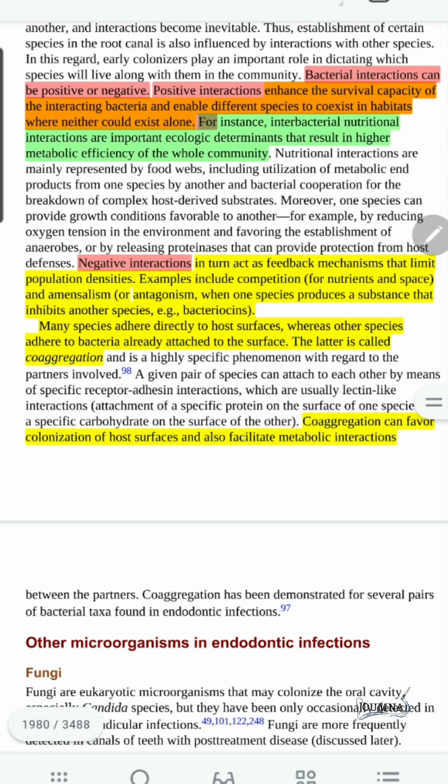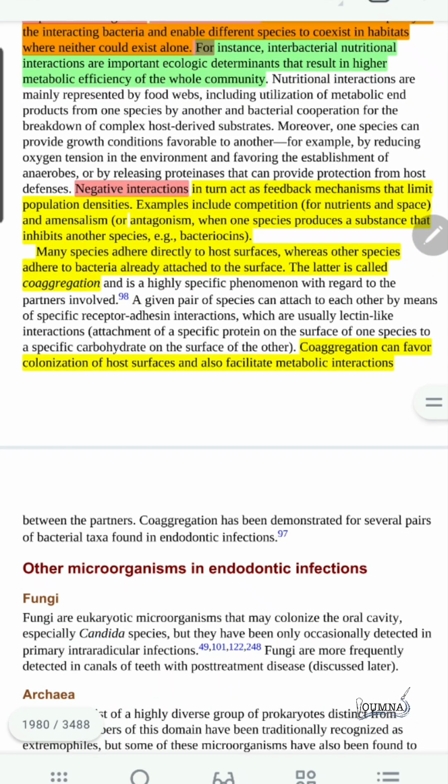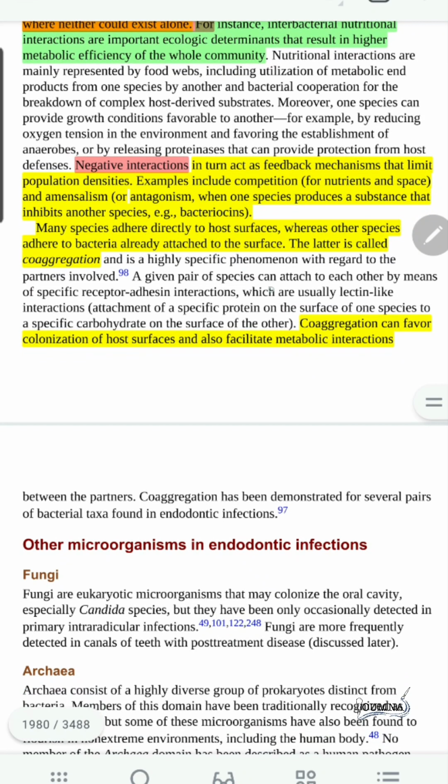But when nutrition and space are compromised, the bacteria become negative, which means that they become competitive, and they produce a substance that inhibits another species, which means that they fight over space and nutrition.